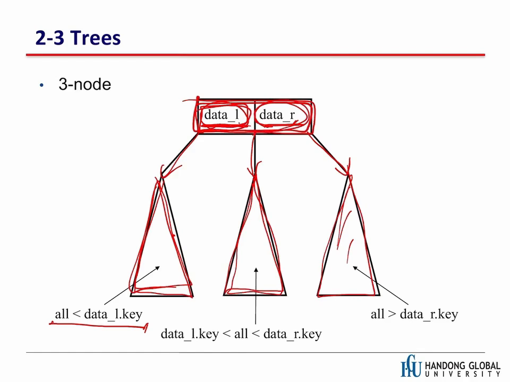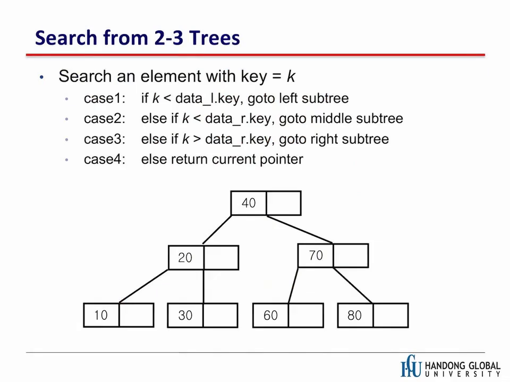That's it. So we have a 2 node and a 3 node. Sometimes we use 2 nodes, sometimes we use 3 nodes. Now let's think about search operations. We want to search for this key in 2-3 trees.